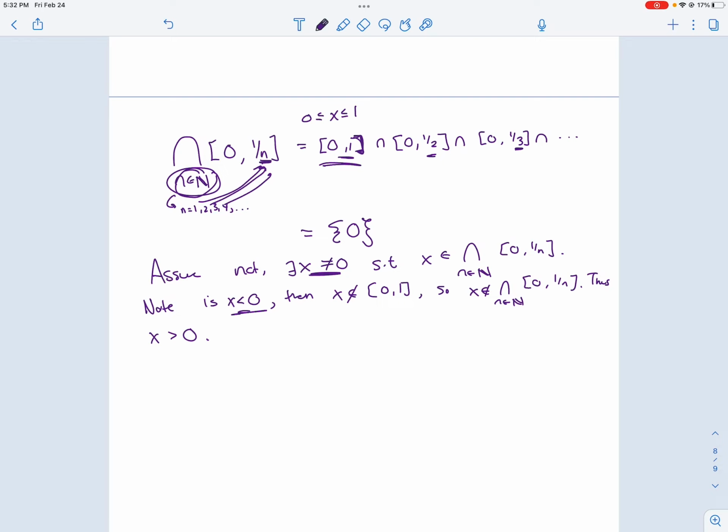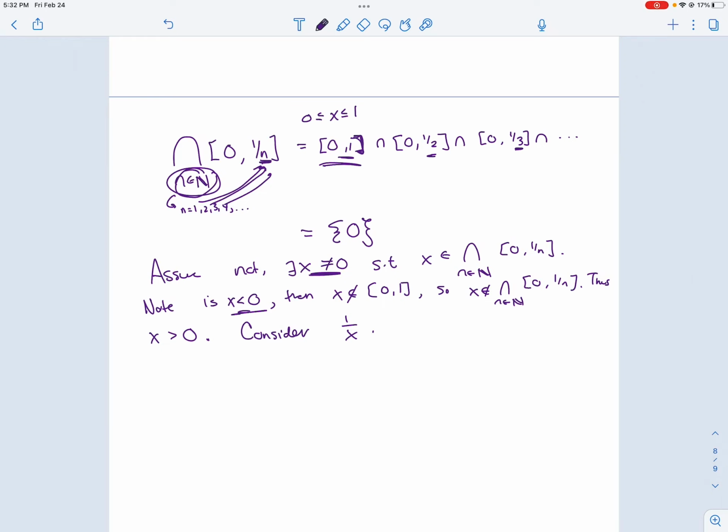So I've got this little tiny number, and I have to figure out why that can't be in this set. That's a little hard. I can say, consider 1 over x. Now I'm thinking of x as this tiny little number, and so 1 over x will be kind of a big number.